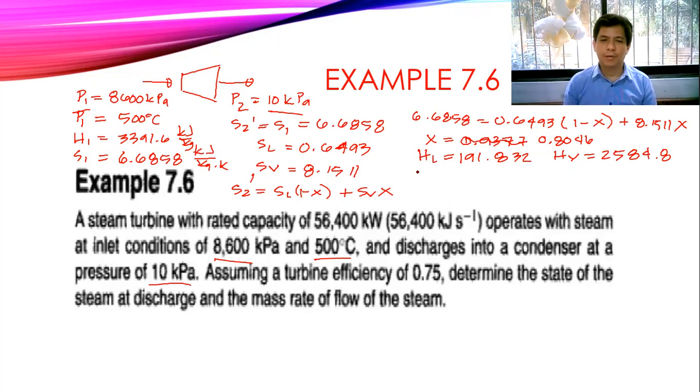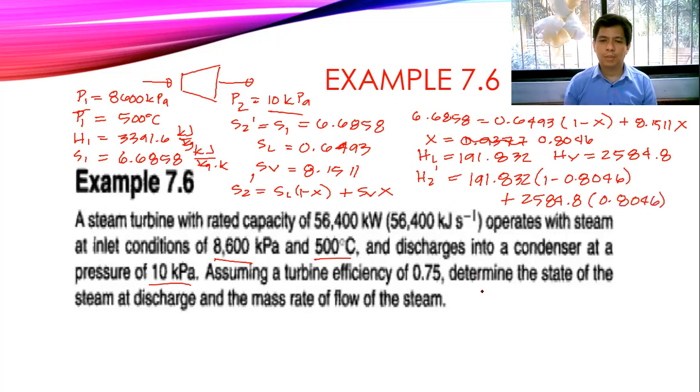Tapos yun, you can now calculate H2 prime. So H2 prime is simply HL 191.832 times 1 minus X, 1 minus 0.8046. Tapos plus HB 2584.8 times 0.8046.